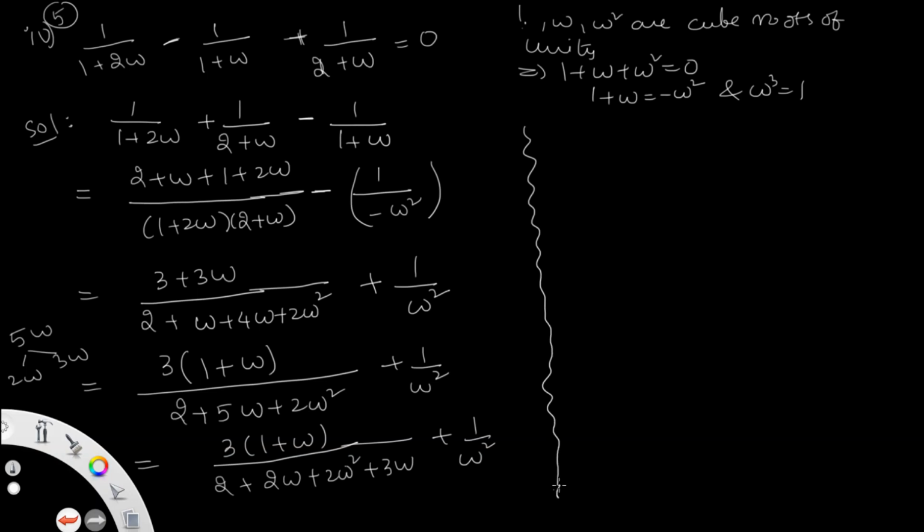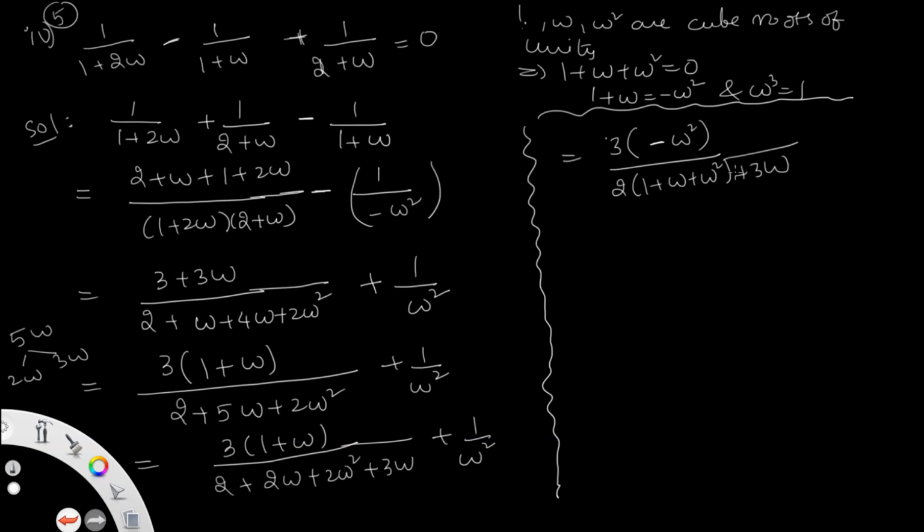That is nothing but 3 into 1 plus omega, which is minus omega square, divided by 2 as common, 1 plus omega plus omega square, plus 3 omega, plus 1 by omega square. That is minus 3 omega square by 2 into this value which becomes 0. Then you get 3 omega plus 1 by omega square.